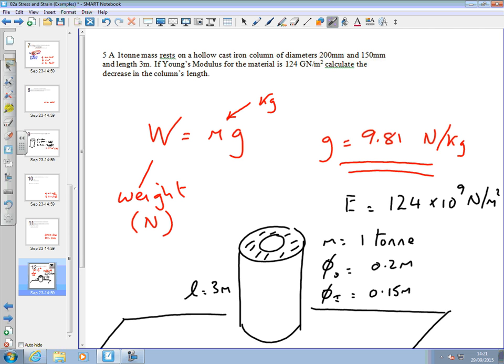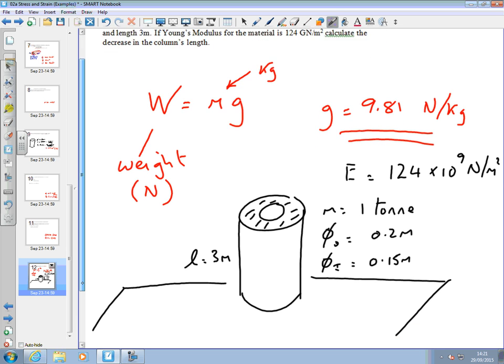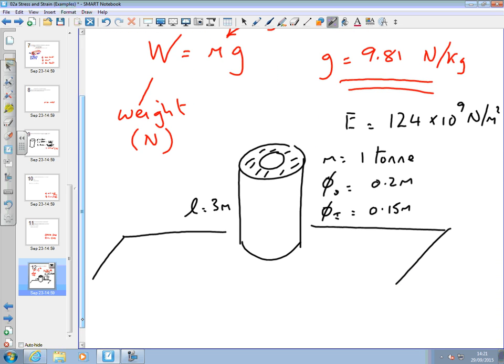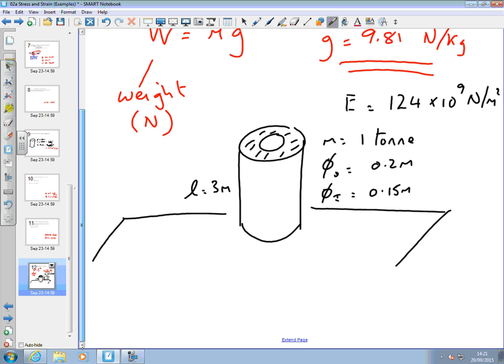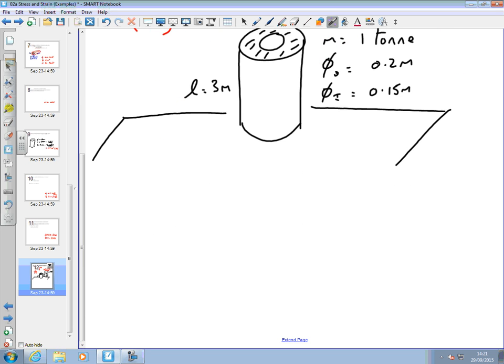What's going to happen is it's going to compress due to its weight. And we've got to find the decrease in that length. So what we do is we think of a formula. We're after x, the extension. I know a formula that involves x, which is that the strain epsilon equals x over the length, where L is the original length.